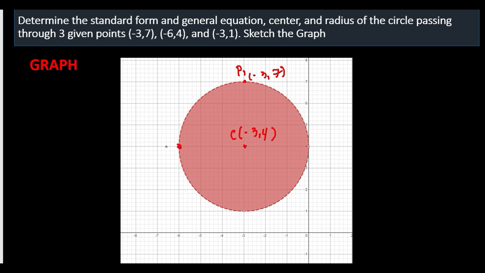Ayan. So, point 2, negative 6, 4. So, next natin, yung point 3 natin, negative 3, 1. So, ito yung point 3 natin, negative 3, 1.